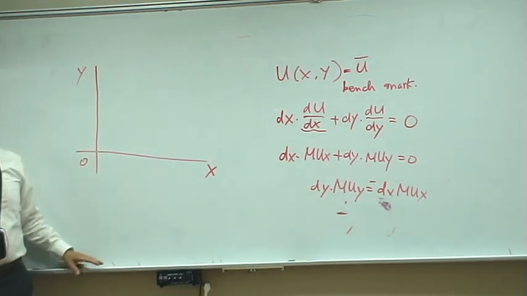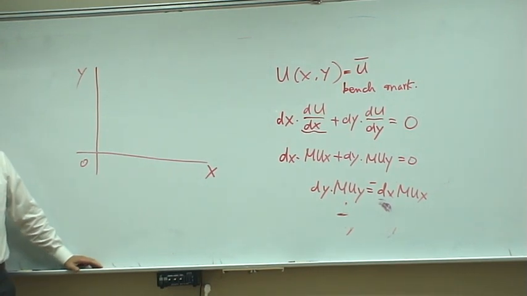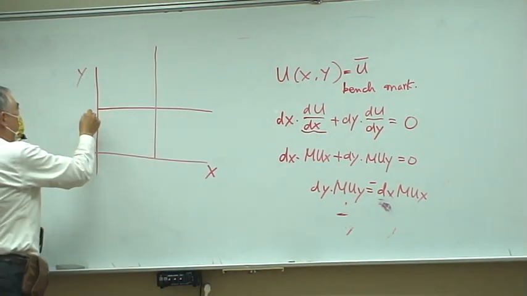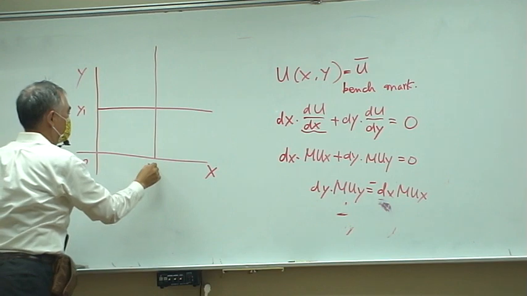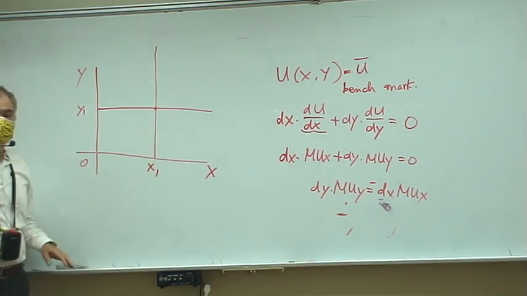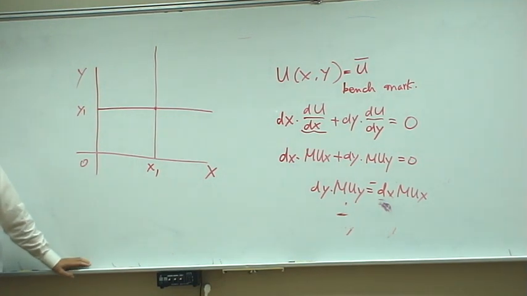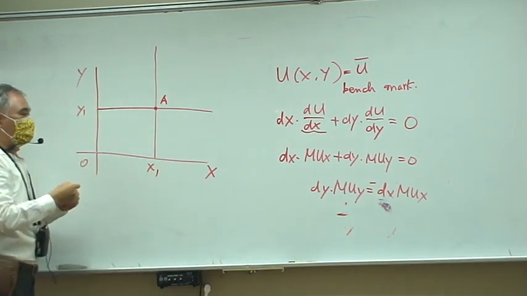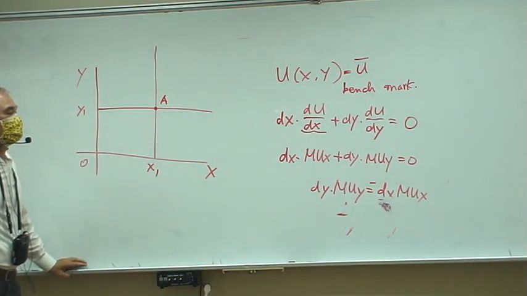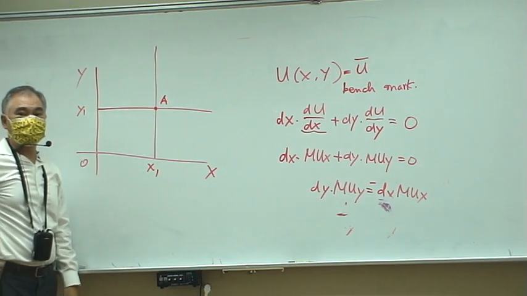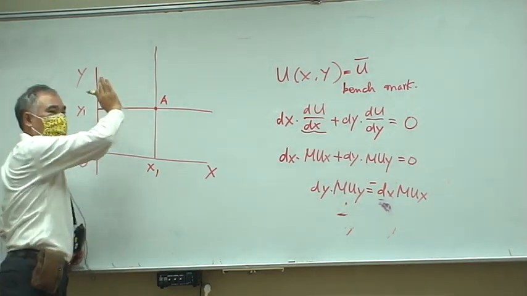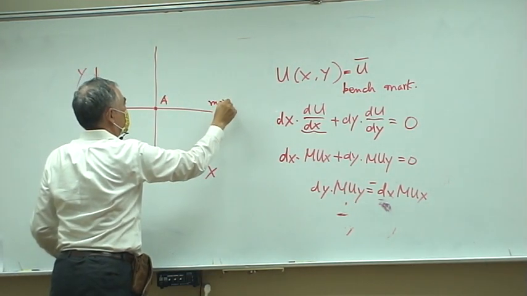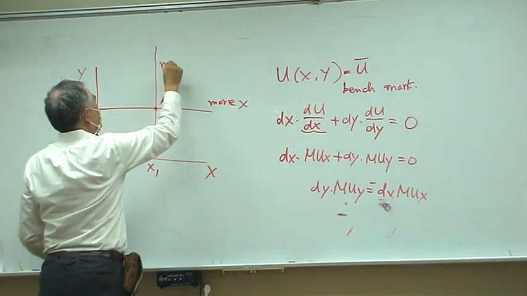We want to find a benchmark to give you a constant utility. So let us say this is y1 and this is x1, and we want to find out a utility level that is equal to this point A. If you move to the northeast side, here you have more x, and here you have more y.